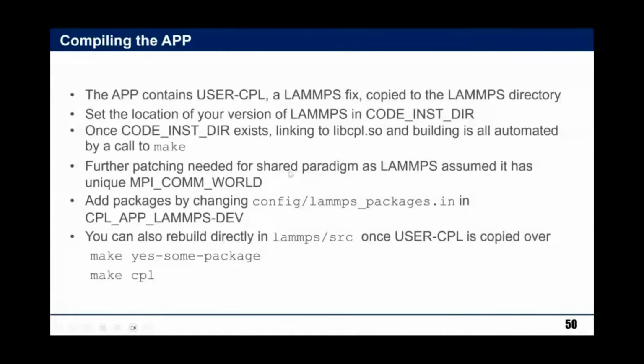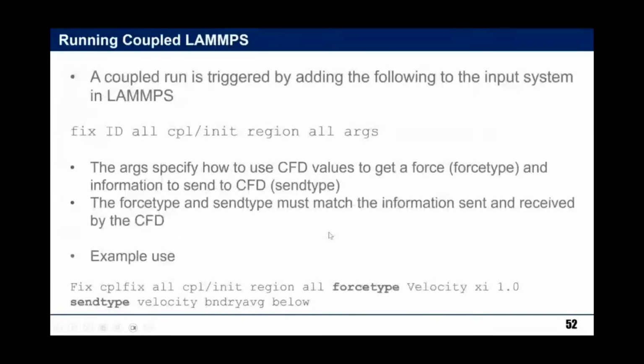And then if you decide you want to do the shared paradigm, so that's the one where you need to patch MPI_COMM_WORLD, then you need to do an extra step where you patch the LAMMPS code. And then after that, you do the make command and it will patch the code for you. You can include some packages if you want to, and then build the whole thing together. And you can see detailed documentation of this on the website. Alternatively, you can just use the version pre-bundled on ARCHER, but I'm including these steps just to explain for people who want to set up locally.